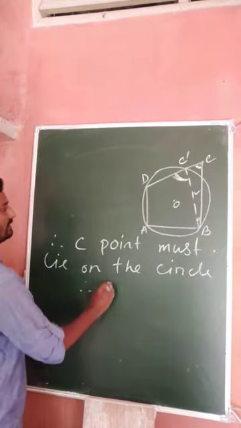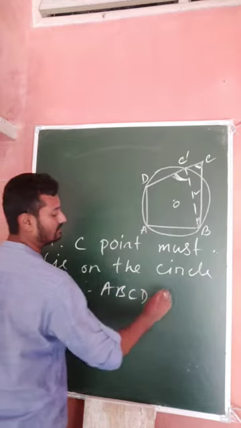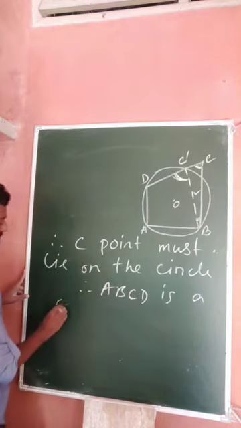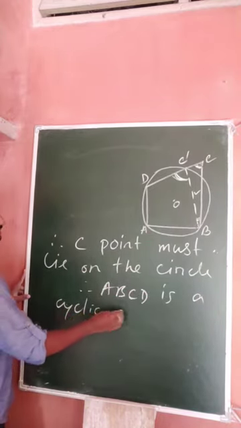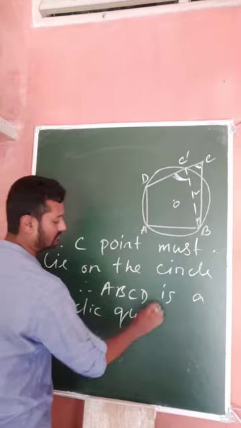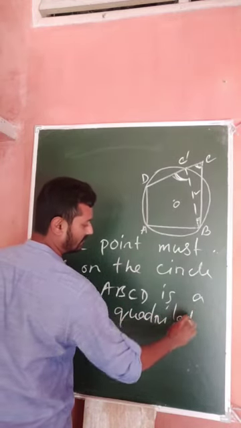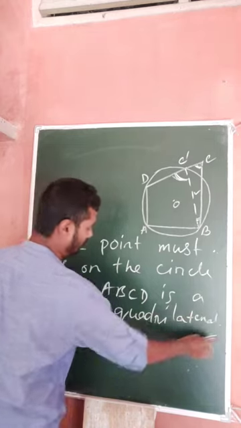Therefore ABCD is a cyclic quadrilateral. Okay, so these two theorems are very important.